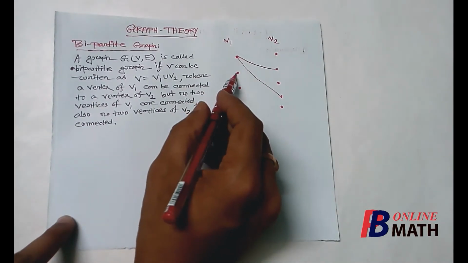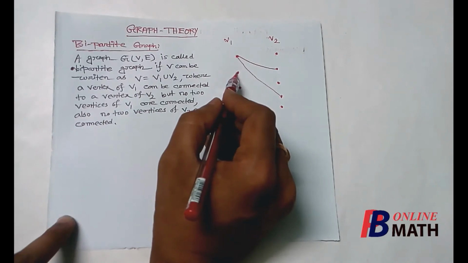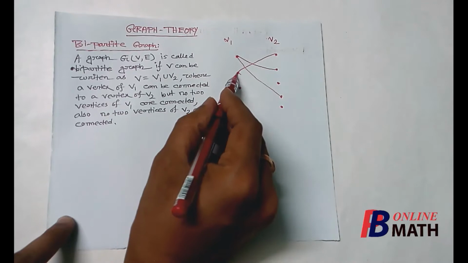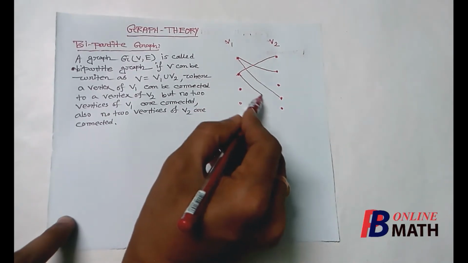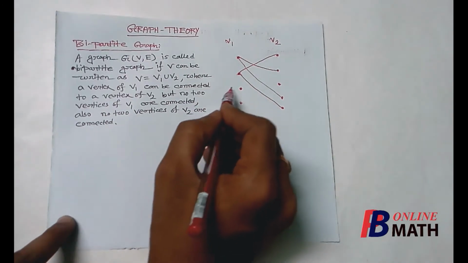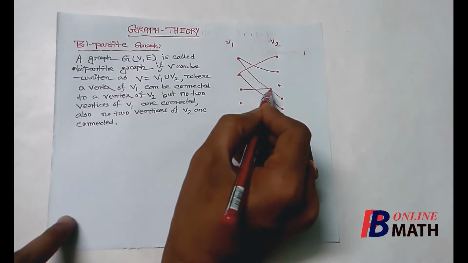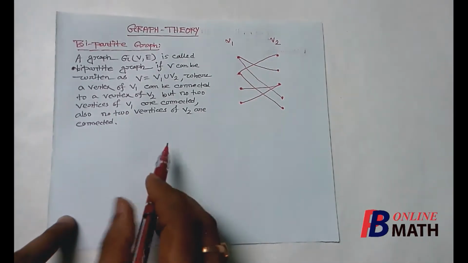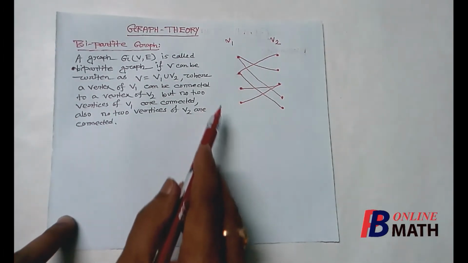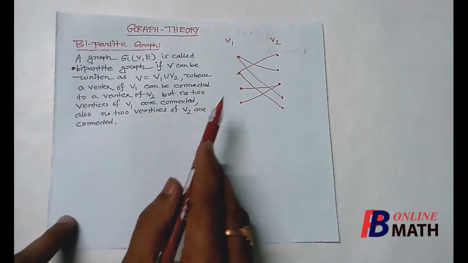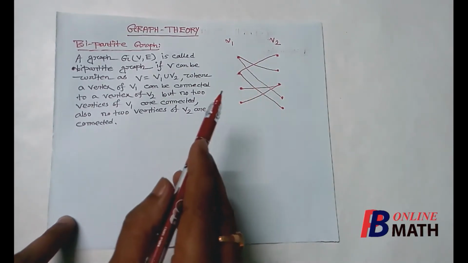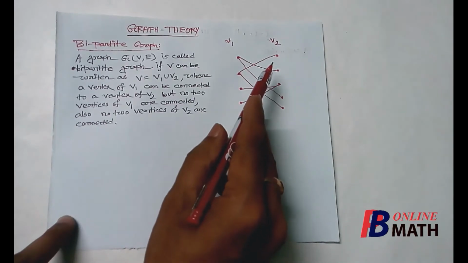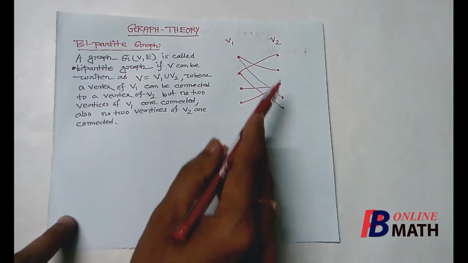If we consider this vertex, it may be connected to a vertex of V2. Again, suppose this one is connected to this vertex. Similarly, suppose this is connected to this vertex and this vertex is connected to this vertex. So any vertex of V1 may be connected to a vertex of V2 but no two vertices of V1 are connected and no two vertices of V2 are connected.